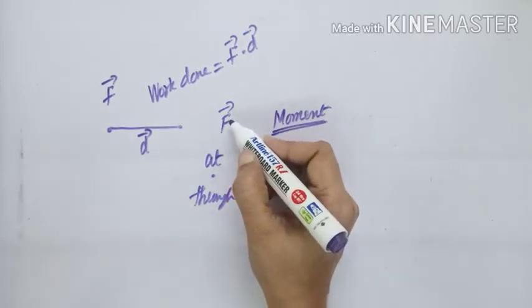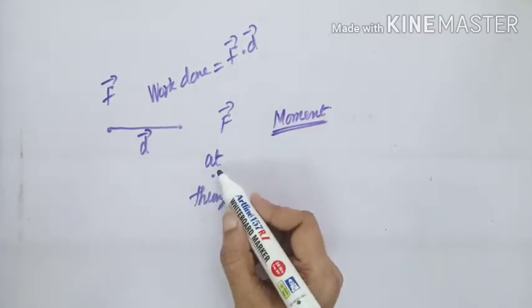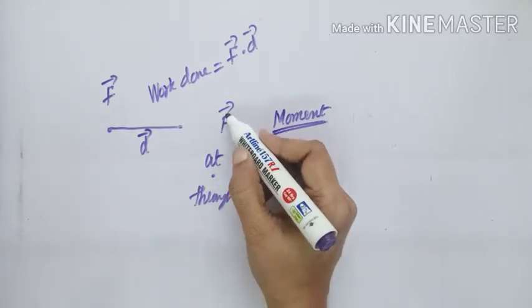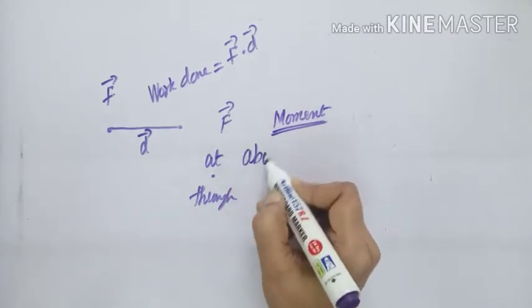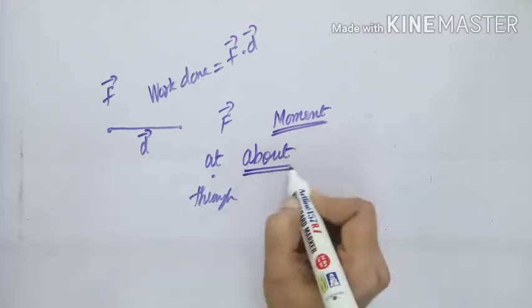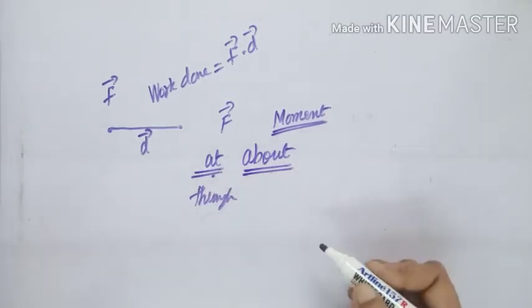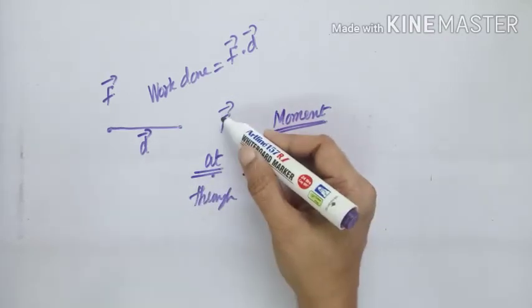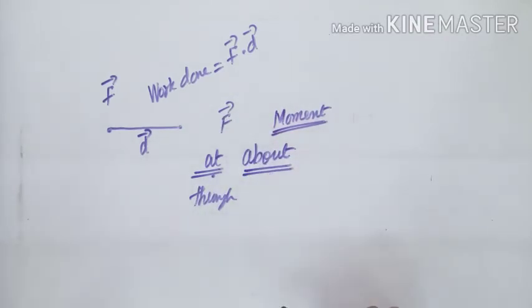The force is acting at a point or through the point, and the force is acting about a point. So two things we notice in the exercise questions: force is acting at a point and force is acting about a point.